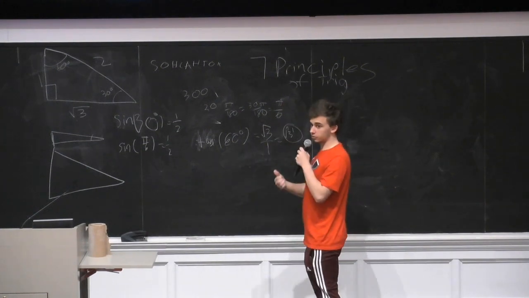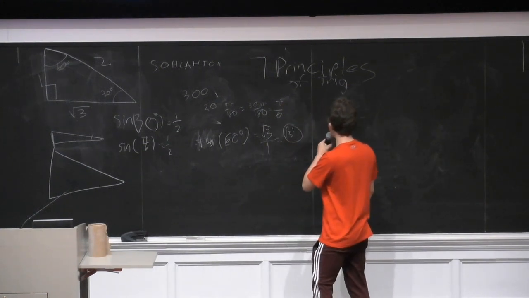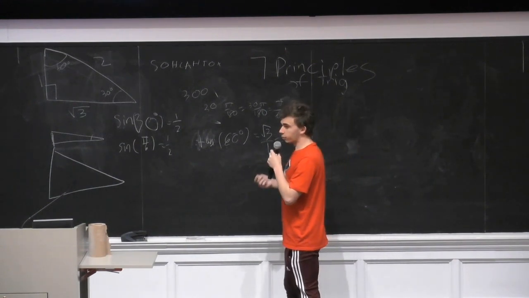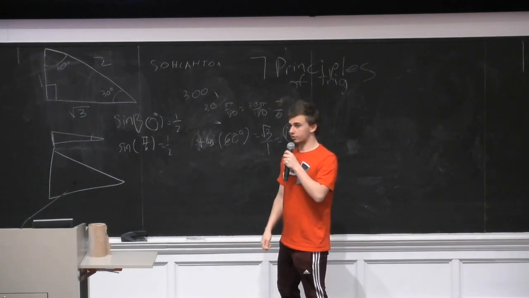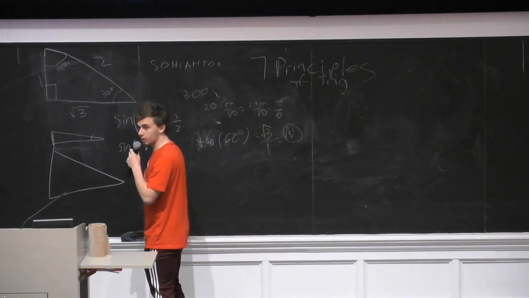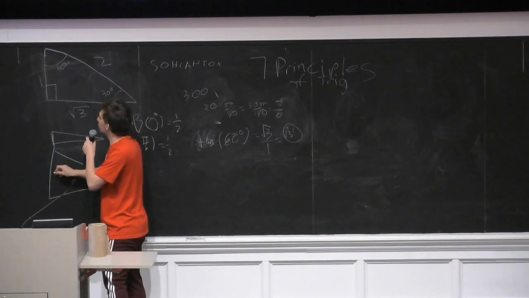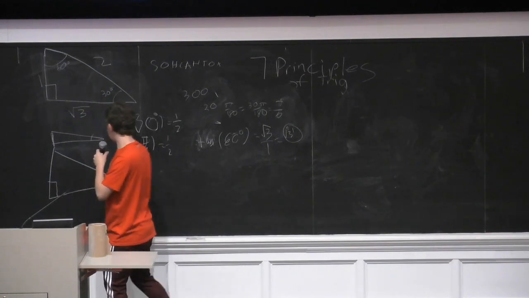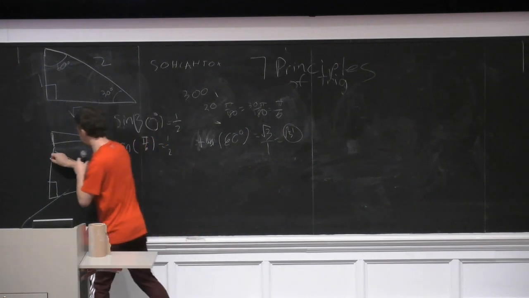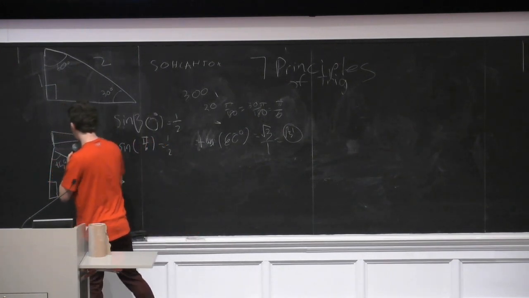Now going back to the second principle, which would be the 45, 45, 90 right triangle, which is also another one that is pretty easy to memorize. We'll make this the right angle. We'll say this is 45 degrees, and over here is 45 degrees, right?